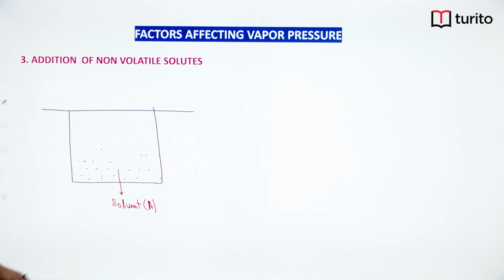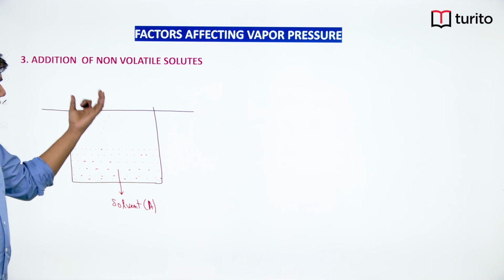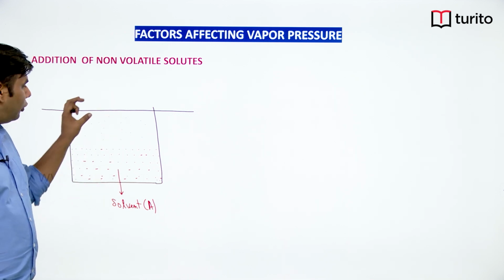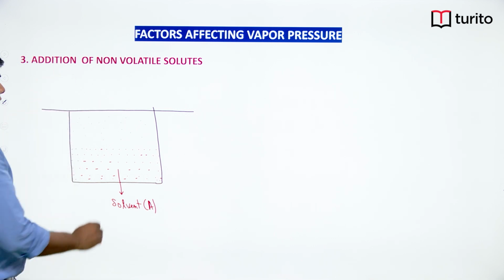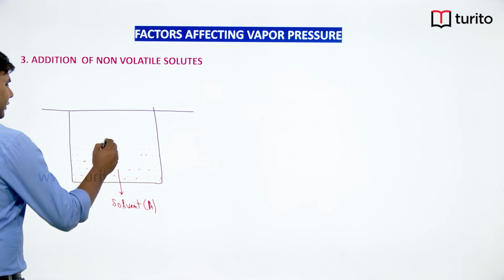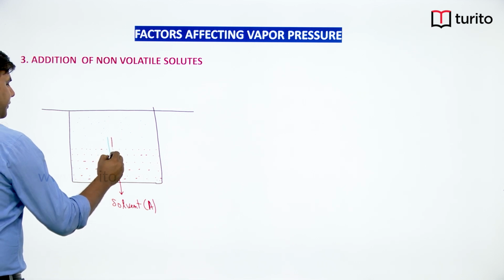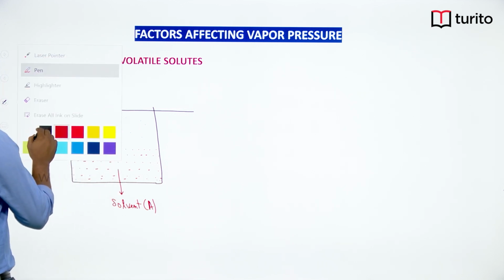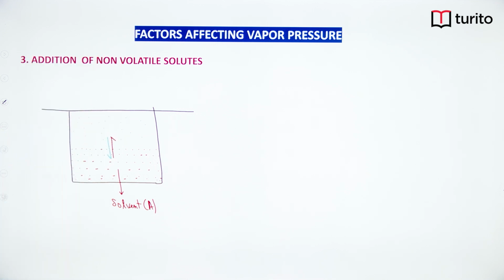The solvent particles at the surface would keep on crossing the barrier and keep on escaping out, forming the vapor. A few vapor molecules would also go back into the solution, and there would be an equilibrium between the liquid and vapor. The molecules are coming out, a few molecules are going in. So the pressure exerted by this vapor on the surface of the liquid is called vapor pressure.